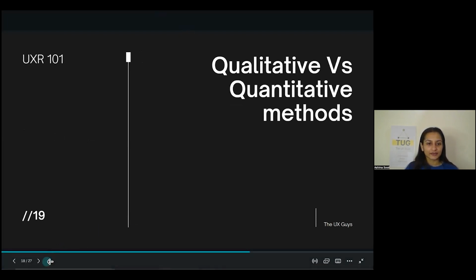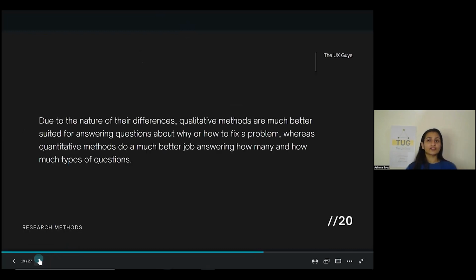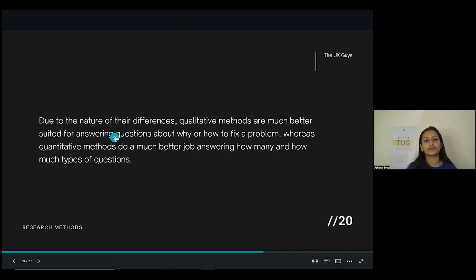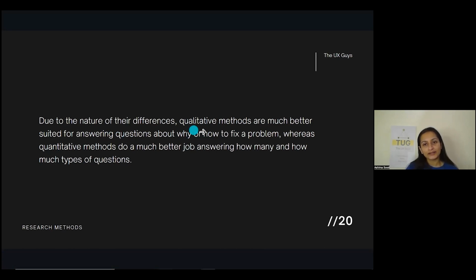Okay, so this is another question that I get a lot as a mentor. But I feel like the more you work with these methods, the more you understand them. And like it says, due to the nature of their differences, qualitative methods are much better suited for answering questions about why or how to fix a problem.